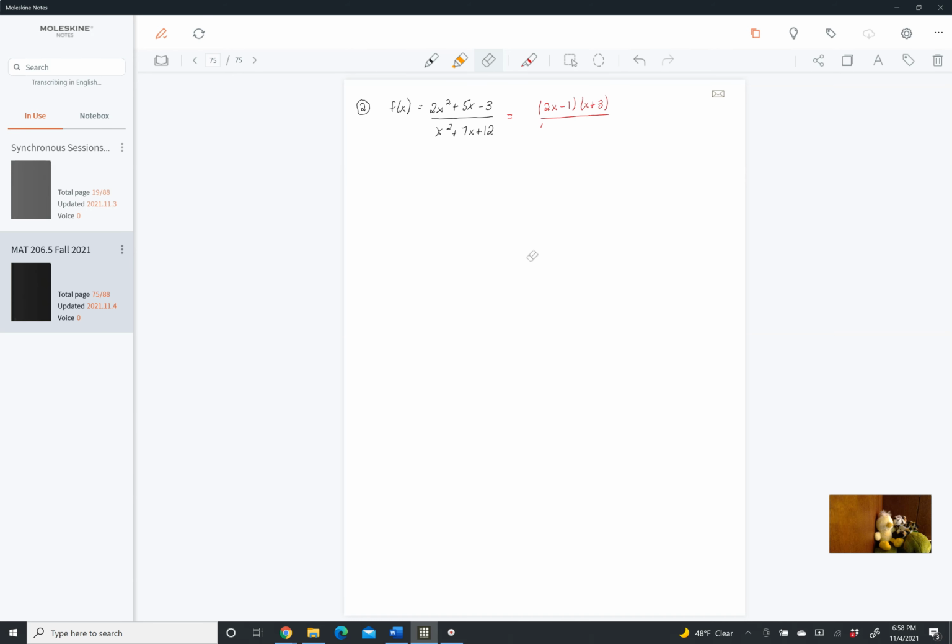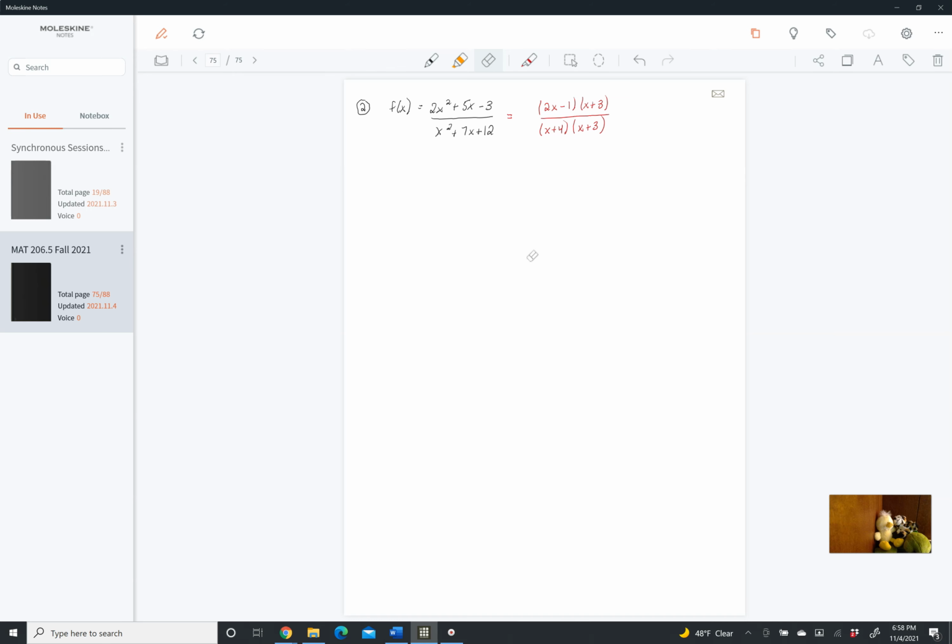The denominator factors to x plus 4 times x plus 3. And you might just have to try factoring, okay? With quadratics, it's likely factorable, not always. Keep in mind that if it's not factorable, that does not mean that you have no vertical asymptotes. And I'll explain that in a second. It means that you won't have holes because you can't have a factor that cancels if it's not factorable.